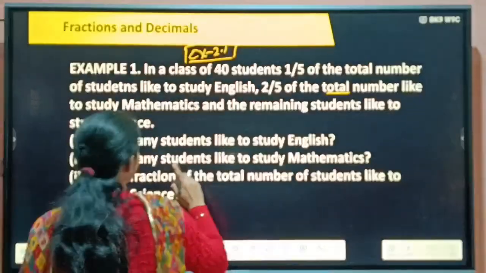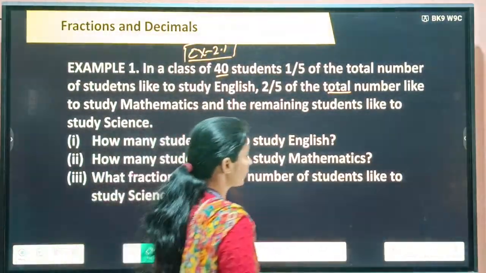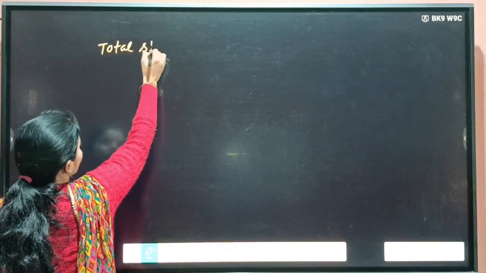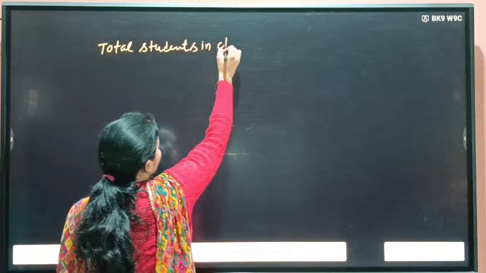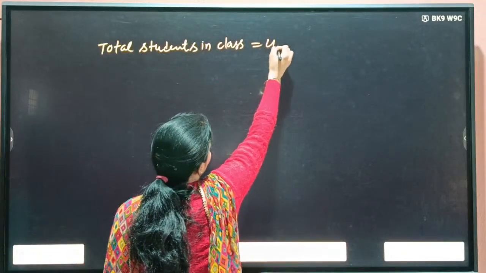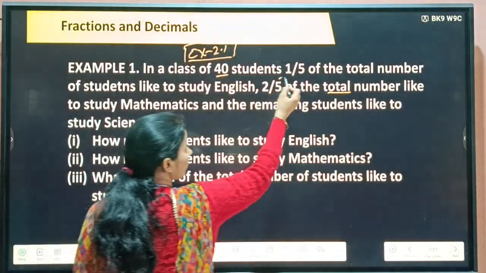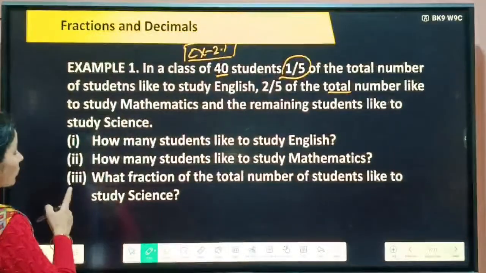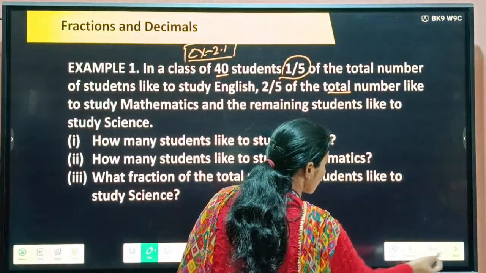Let us see. First of all, total students in class are 40. Now see, according to your question, 1/5 of the total students like to study English. How many students like English?